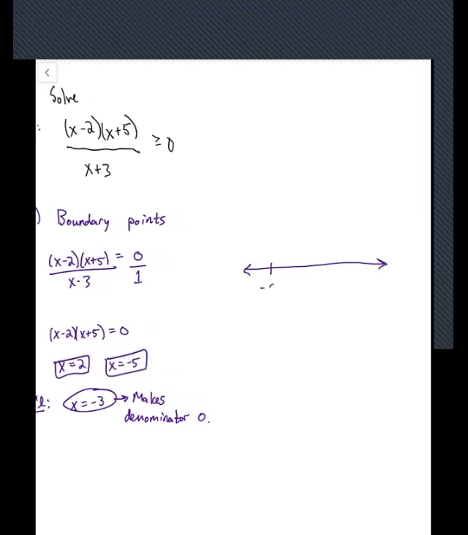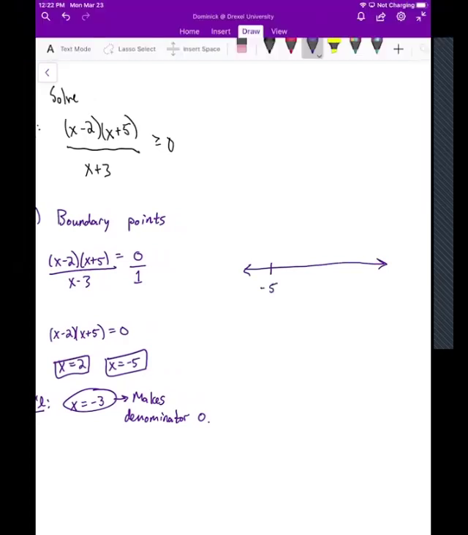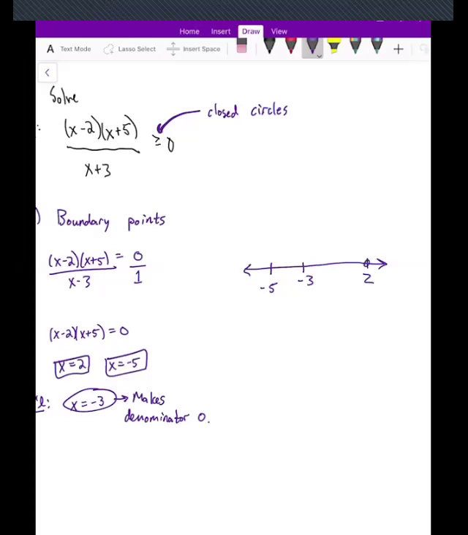Let's see if I can do it right this time. We have -5, and then -3, and then +2. Now we also have the equal sign here, so we're going to get closed circles on our solution points. Our solution points were 2 and -5, so I need to put closed circles on them. And then since -3 makes the denominator 0, we're going to include that with an open circle.